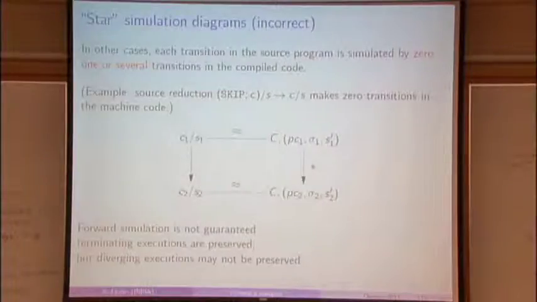It will just stay in place, while the source is doing one reduction. So yes, you can write and prove diagrams like this with a star here. So 0, 1, or several transitions. And terminating executions are still preserved, but diverging executions may not be preserved.